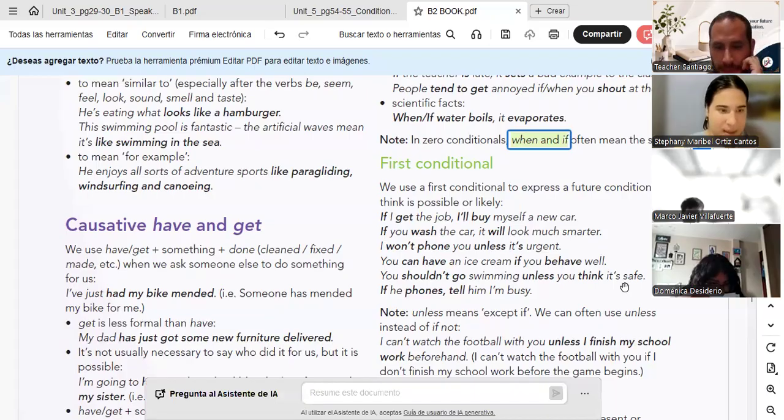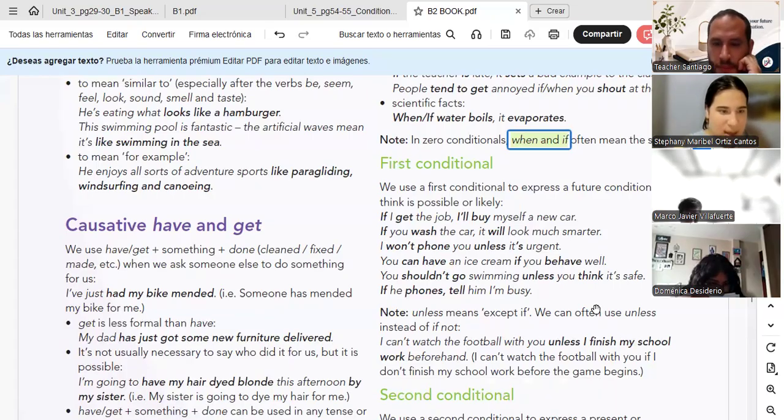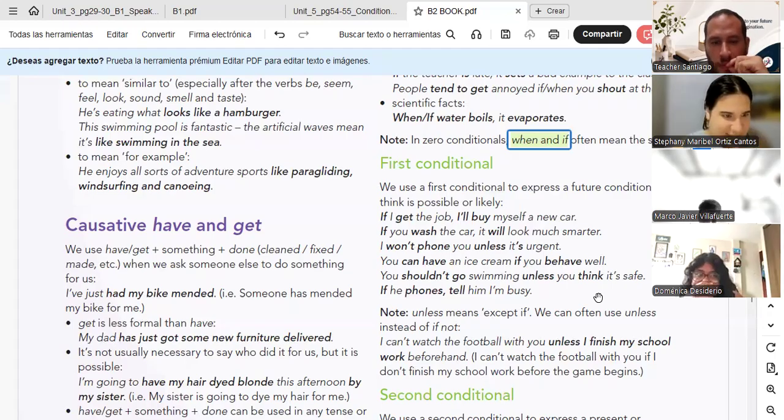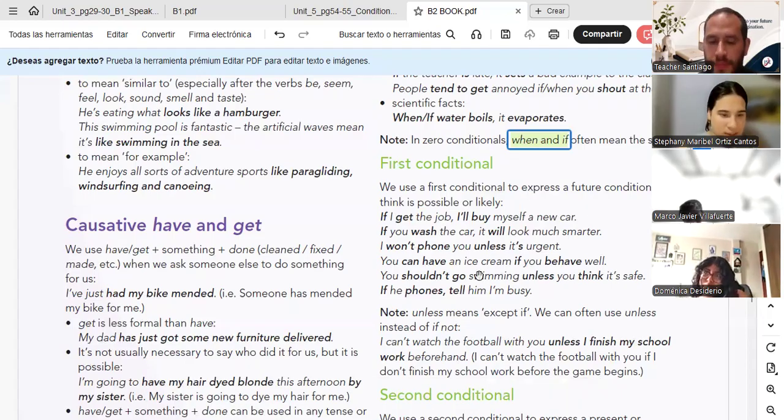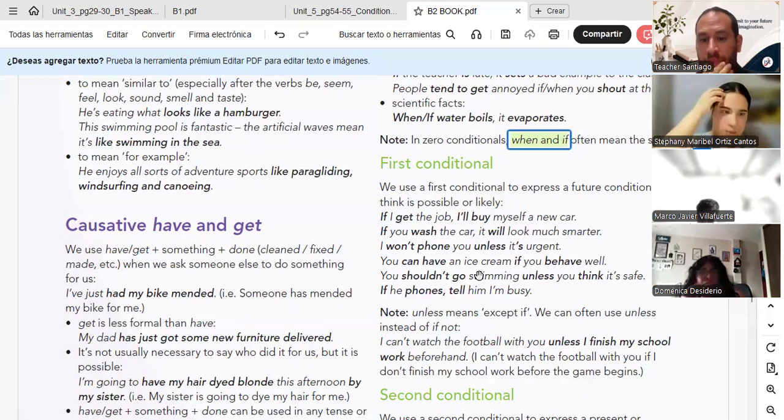Yes. Note, unless means except if, and we can often use unless instead of if not. I can watch the football with you unless I finish my homework beforehand.